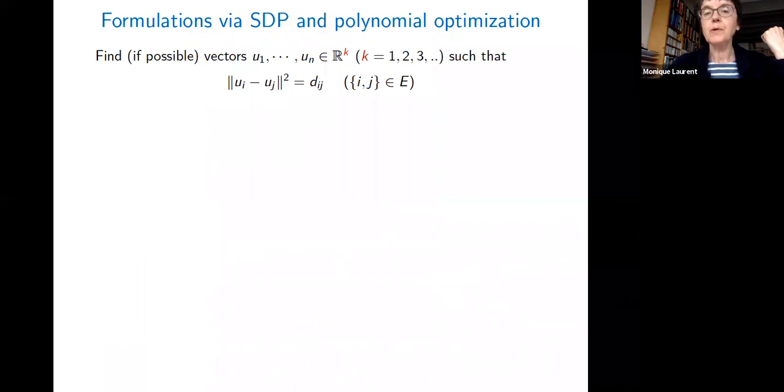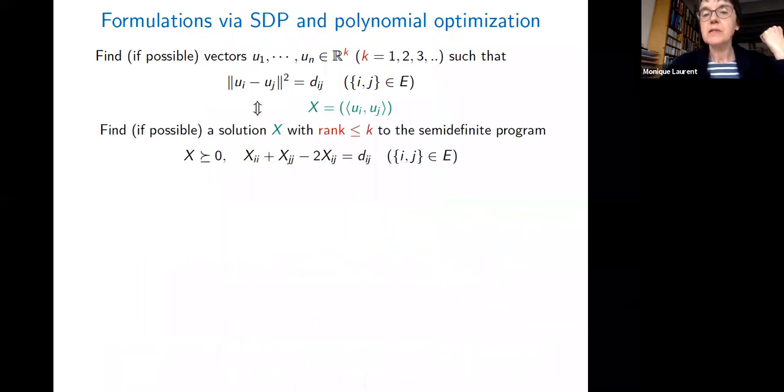And the distances should be realized by the Euclidean distances between the vectors. So this is a problem, again, which of course can be reformulated as testing whether a certain semi-definite program admits a feasible solution. So here we just introduce the matrix X as the Gram matrix of the locations which we are looking for. And then these constraints about the distances, about the locations, translate into constraints about the entries of the matrix.